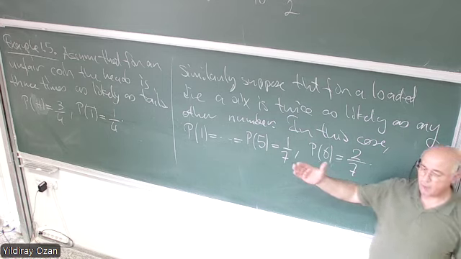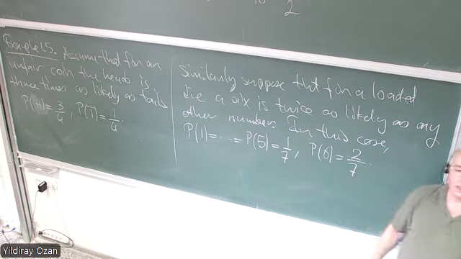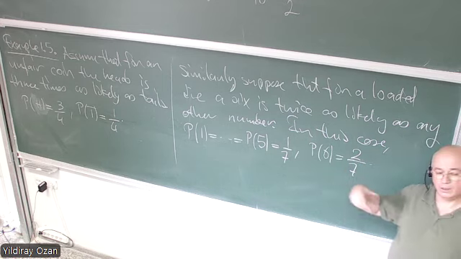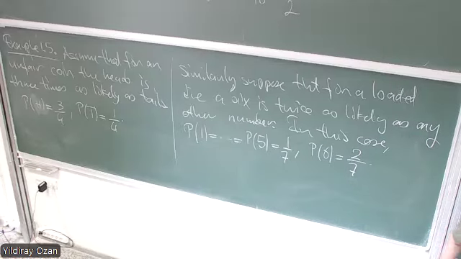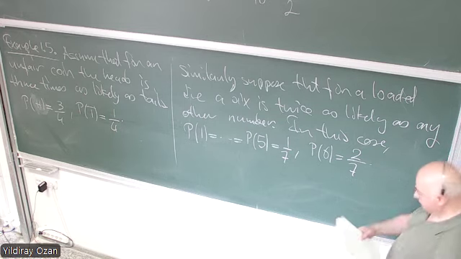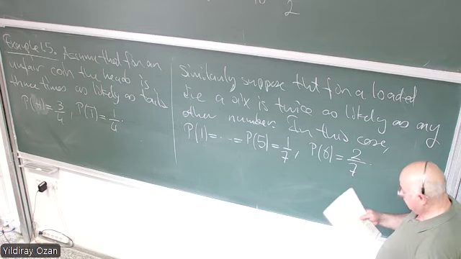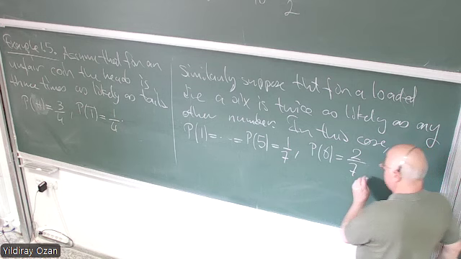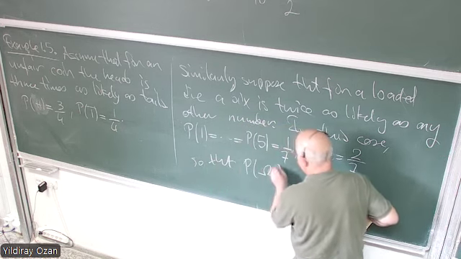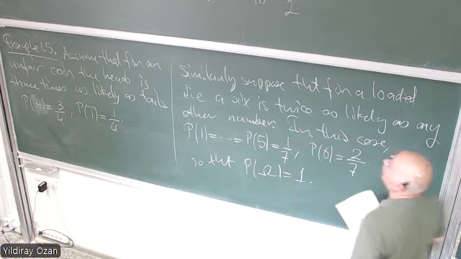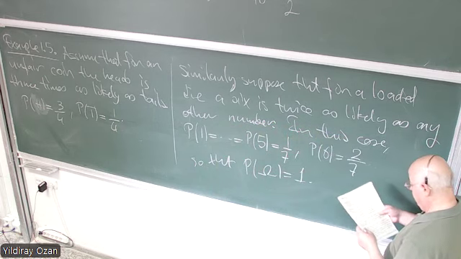The total sum should be 1, and one of them is twice the remaining ones. Therefore, this should be the probability distribution, so that P of omega is 1.